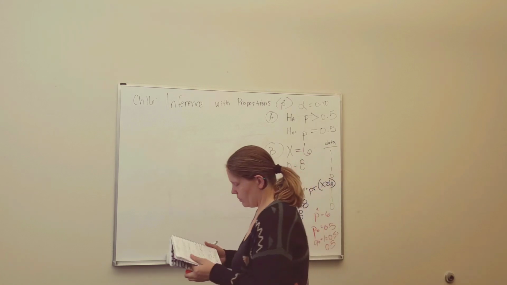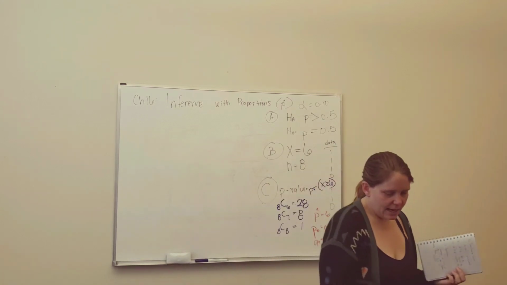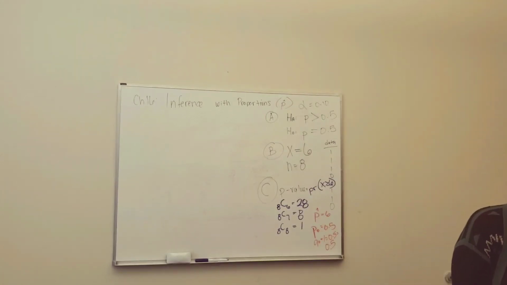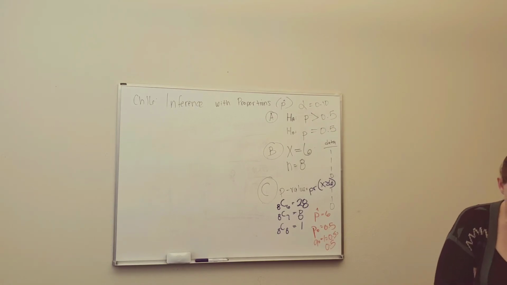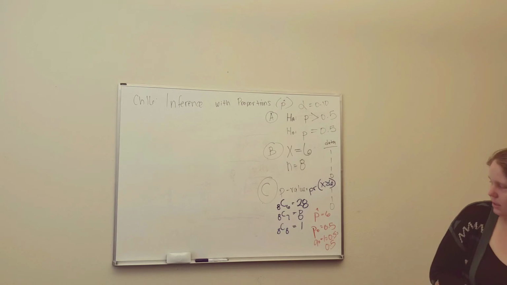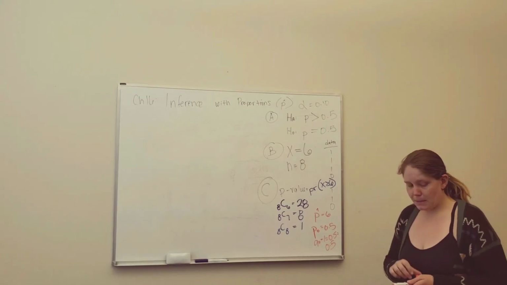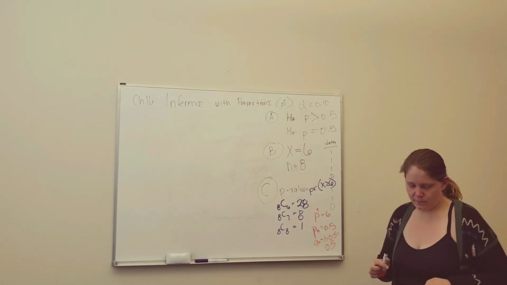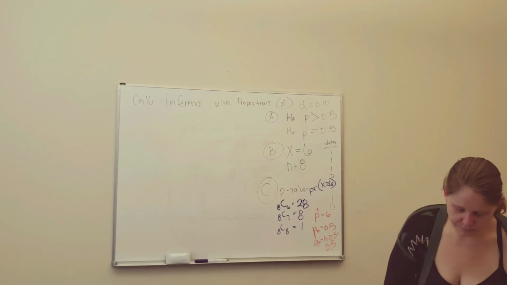So now that we have all of that, we can actually calculate the probabilities of obtaining the different x values, and then we can add them together to get the p-value. So let's go ahead and do that.